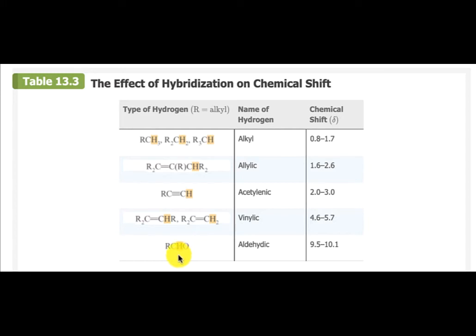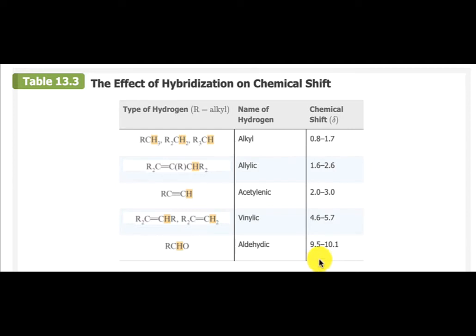The reason why this is in a table is because it gets you to think about, okay, this is a hydrogen bonded to a carbon that's double bonded to something else. And when that something else is an oxygen, there's a pretty big chemical shift relative to TMS, close to 10.